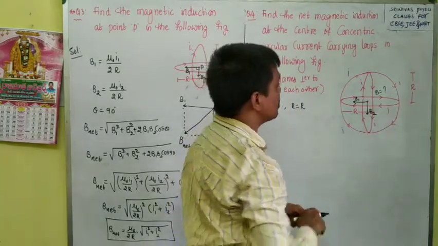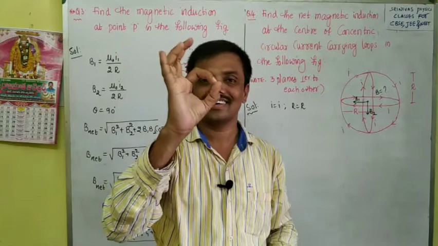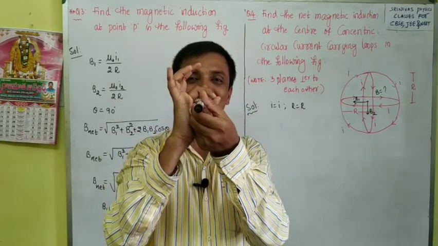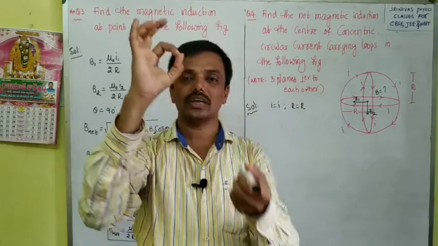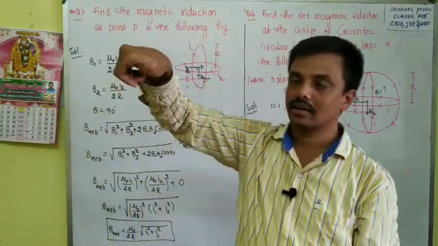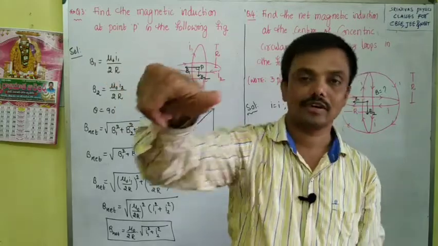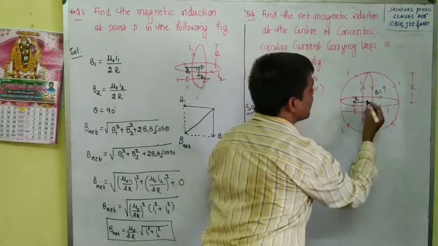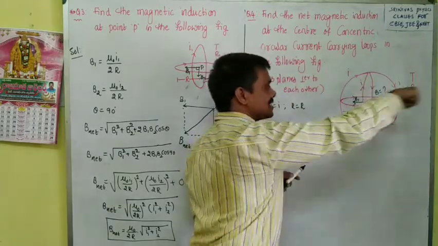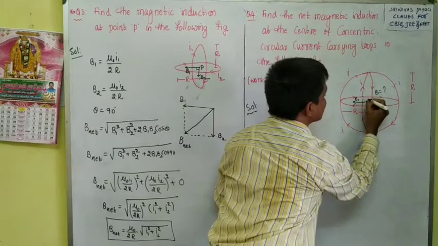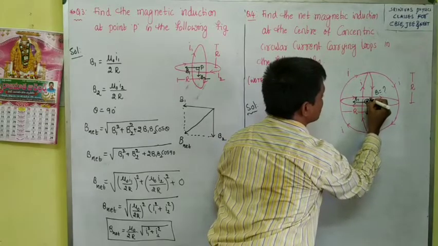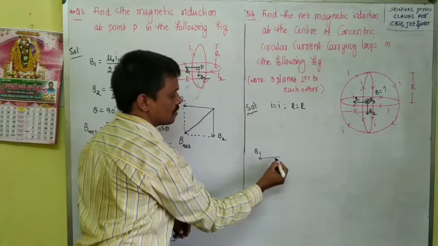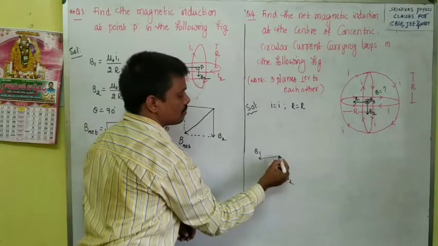And what about the third one? If the current is clockwise, the field is inward. Then B3 we write as a cross. So there are 3 fields: B1 left side, B2 downward, B3 inward.